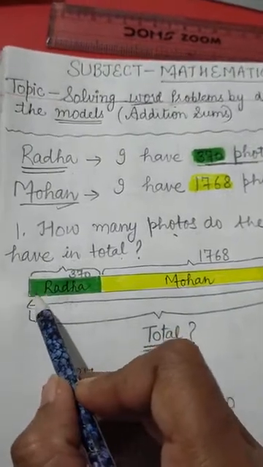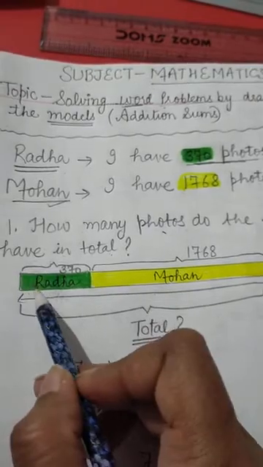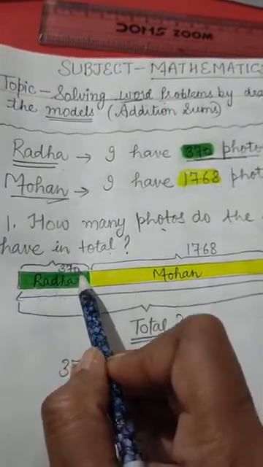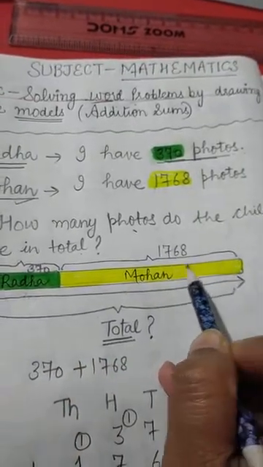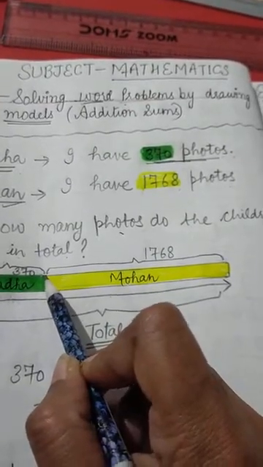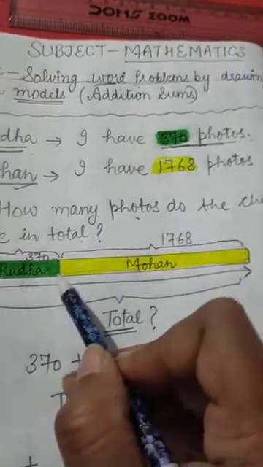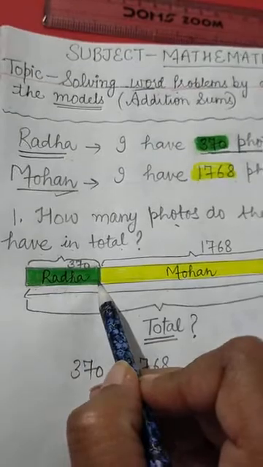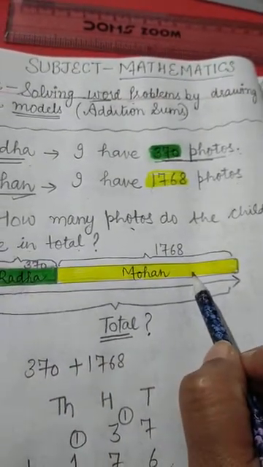We will draw one box for Radha's photos. How many photos does Radha have? 370. And we will also draw one box for Mohan's photos, which are 1768. This green portion shows the photos of Radha, and this yellow portion shows the photos with Mohan.